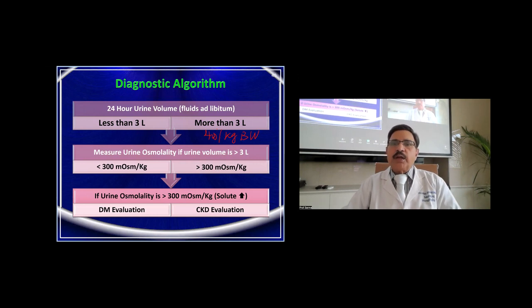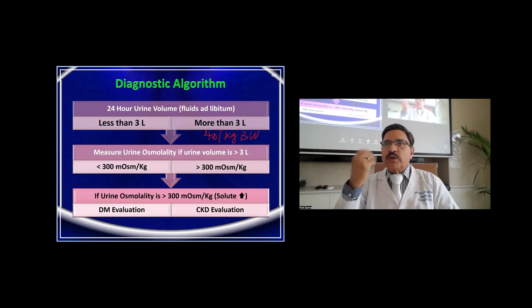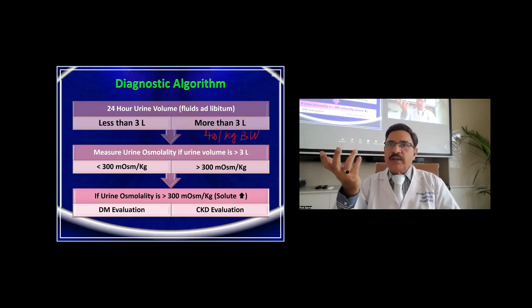If the urine osmolality is more than 300 and the patient is passing more than 3 liters, that means there is an excess excretion of solute. Along with the solute, water also is going. That is why urine is concentrated, because of the solute. So what are the common solutes? It could be diabetes, it could be CKD, it could be hypercalcemia, any one of those conditions.